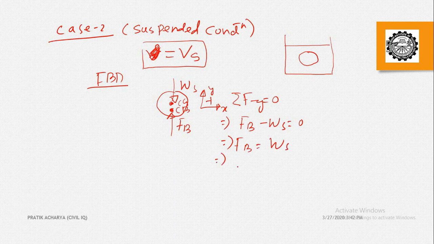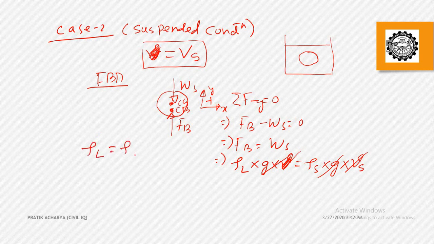The buoyancy force is the density of the liquid times g times the submerged volume, and this equals the density of the solid body times g times the volume of the solid. The g cancels, and the volume is the same, so the density of the liquid equals the density of the solid body. If this condition prevails, it is called the suspended condition.